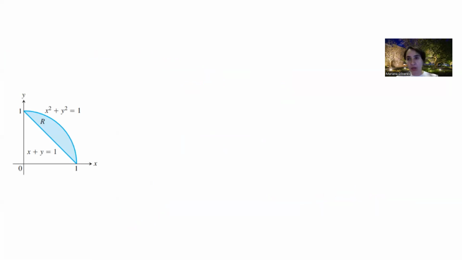Okay, the second thing that we have to remember is how can we establish the area that we have in the bottom? Okay, so basically in this case, I'm providing you here a figure where we have two equations. We are trying to say that we have a portion of region where it's delimited by x squared plus y squared equal to 1 and x plus y equal to 1.